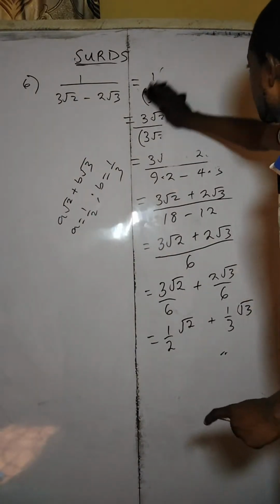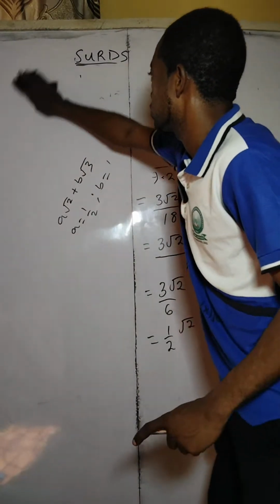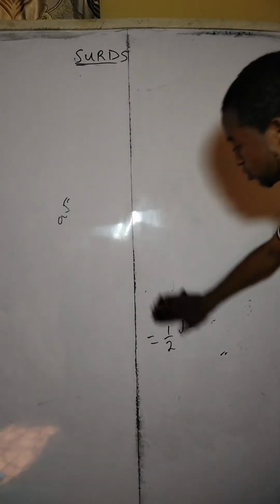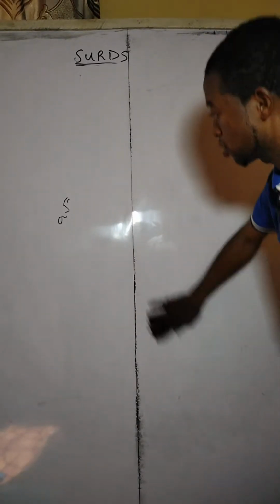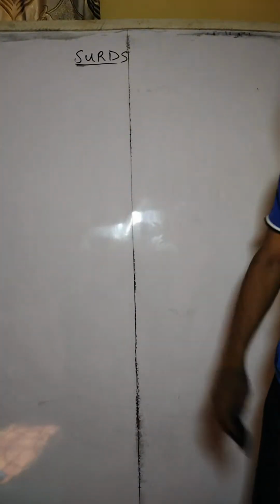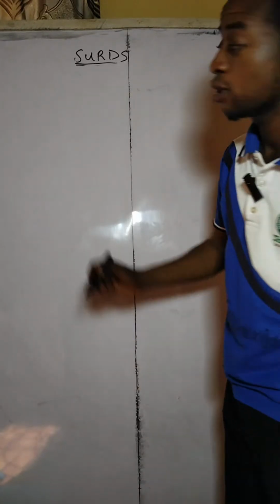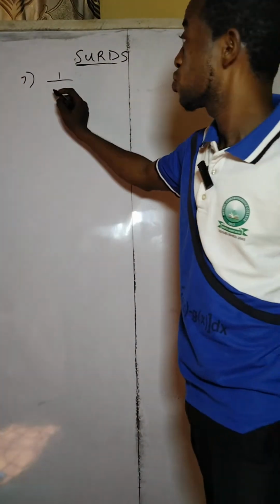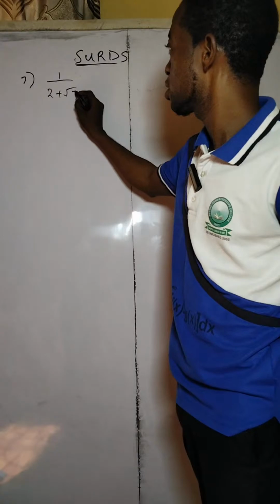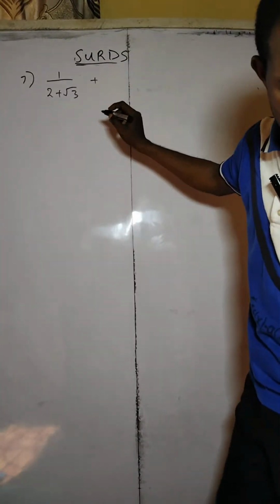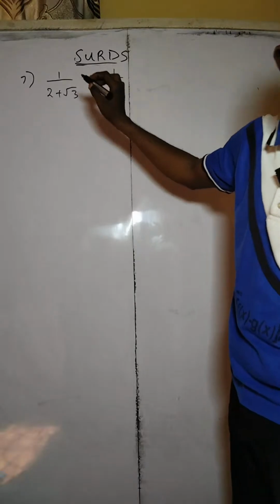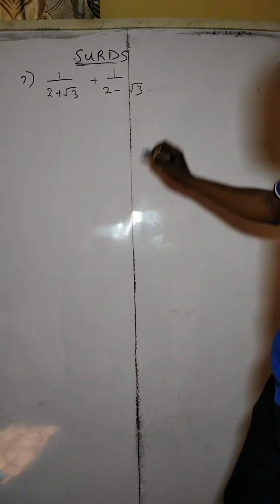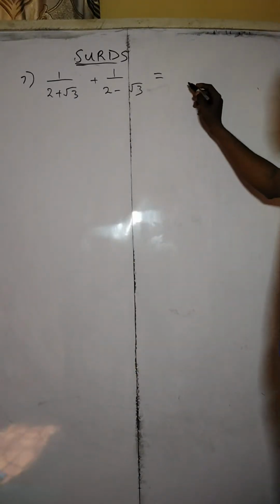That is, you have to simplify 1 divided by 2 plus root 3, then plus 1 divided by 2 minus root 3.